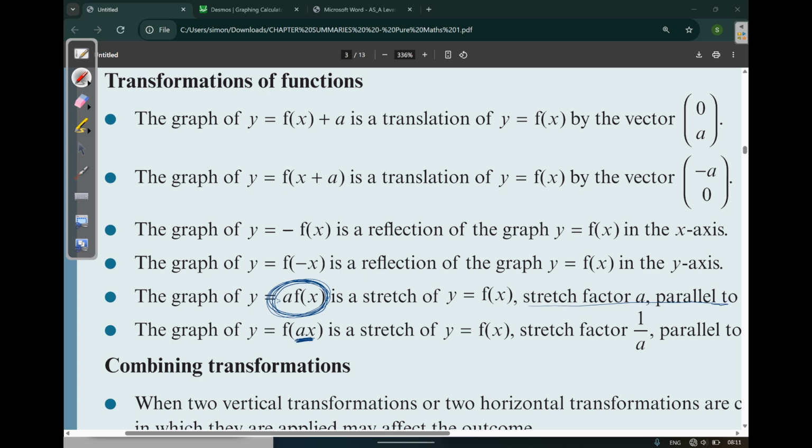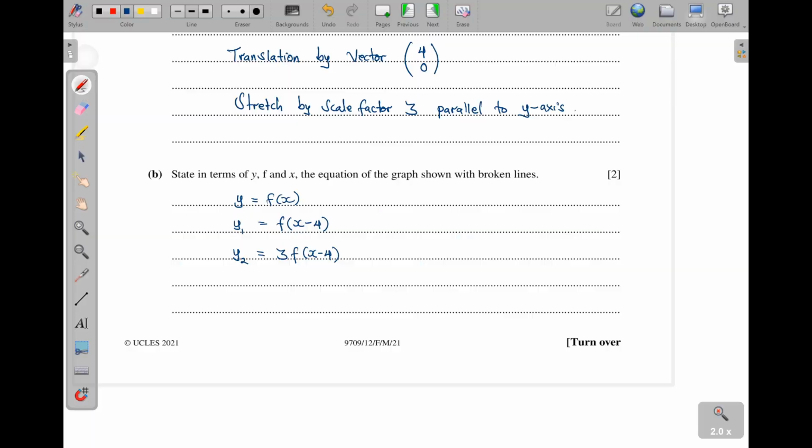Again here, if we are getting x and we are multiplying it by a, then it is a stretch by factor 1 over a. For this case, since it was a stretch in the y direction, we just multiply all through by that 3. So therefore, the equation of the transformed graph is going to be y is equal to 3 f of x minus 4. This would be our final answer.